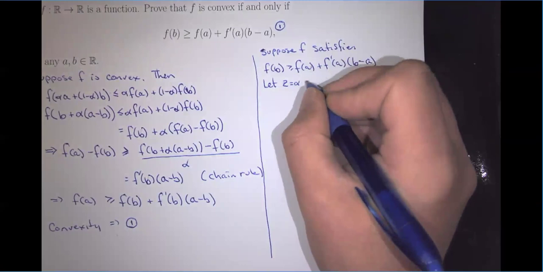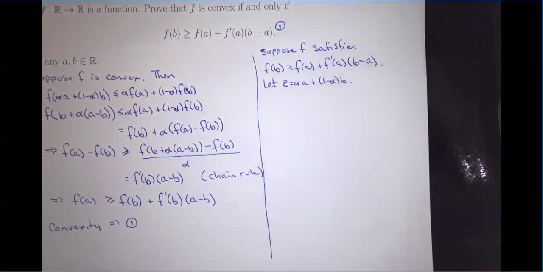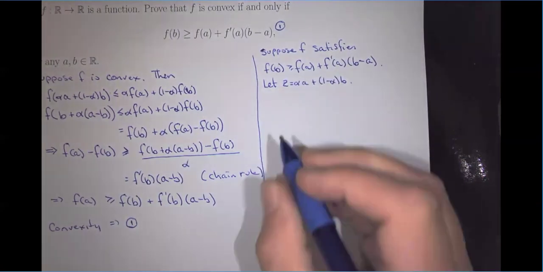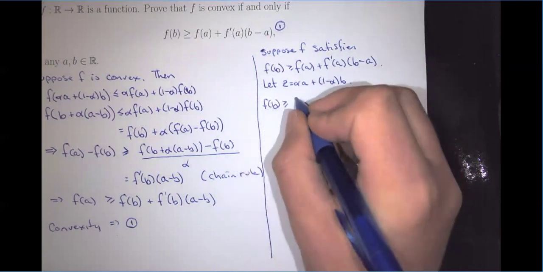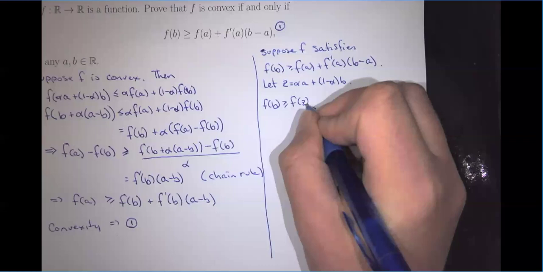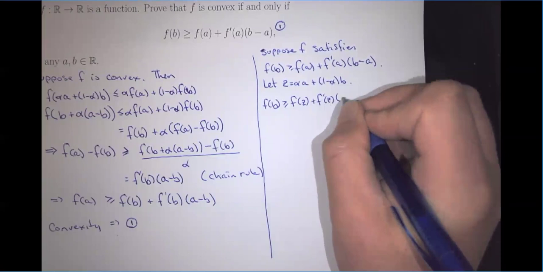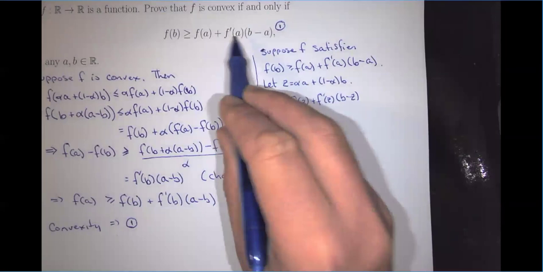So it'll be alpha a plus 1 minus alpha b. Then by this rule here, we know that f of b is greater or equal to f of z plus f prime of z times b minus z, right? It's equation 1 with z taking the place of a.